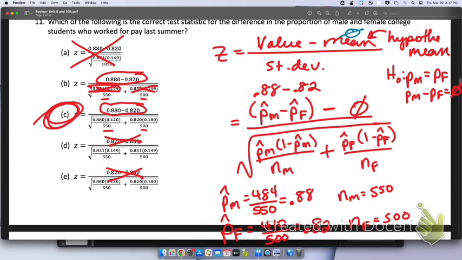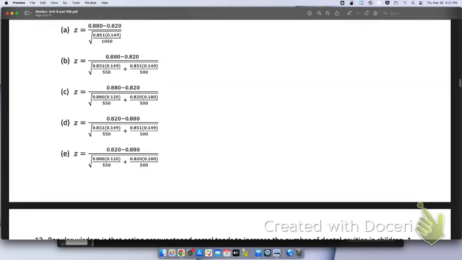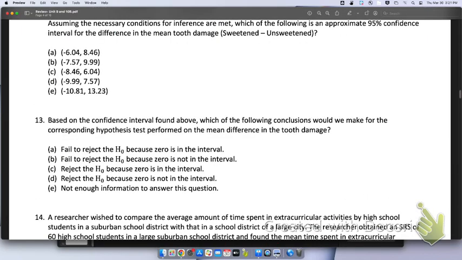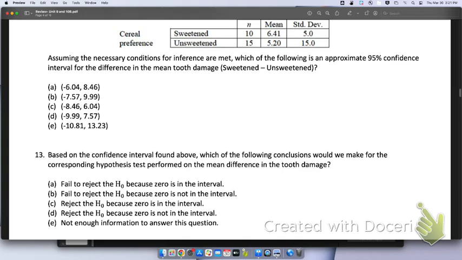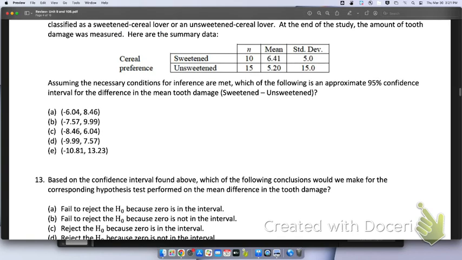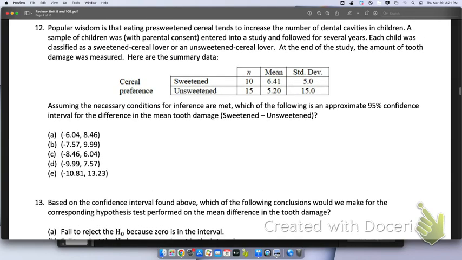Okay, let's look at 12. Number 12. Popular wisdom is that eating pre-sweetened cereal tends to increase the number of dental cavities in children. A sample of children was, with parental consent, entered into a study and followed for several years.